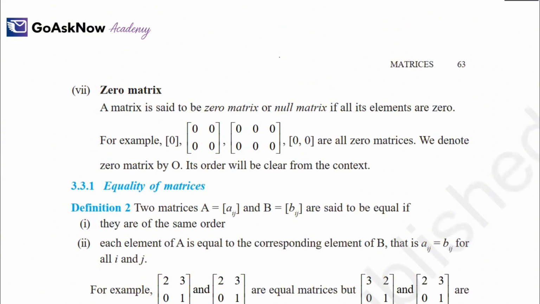There are no entries other than zero. We denote the zero matrix by O. Its order will be clear from the context.